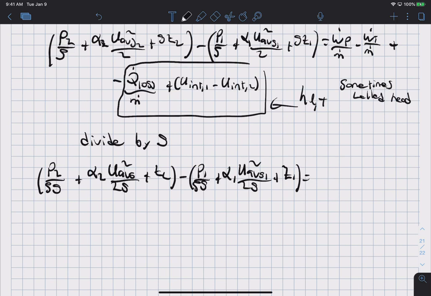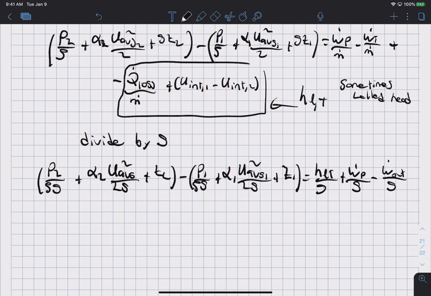the head loss divided by g plus W dot in over g minus, pump, any work input due to pumps or other things, minus W dot out over g.